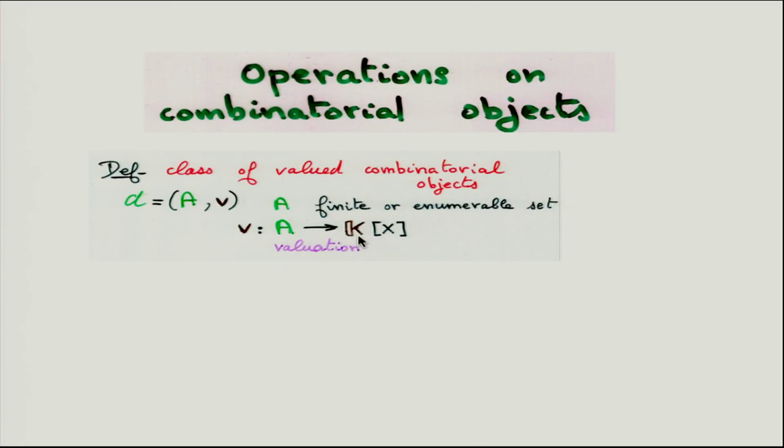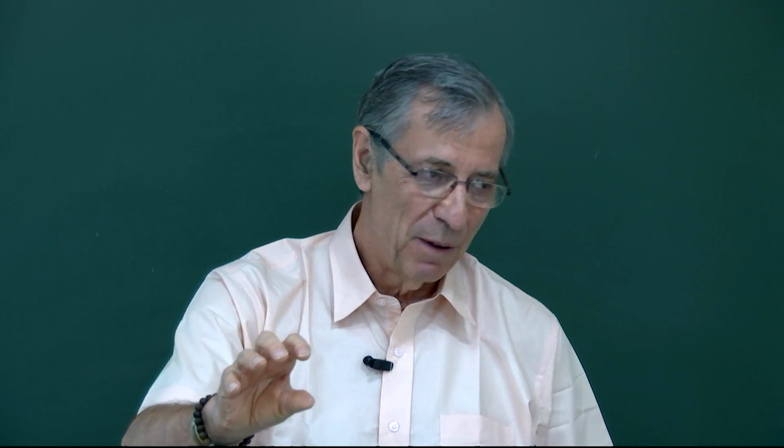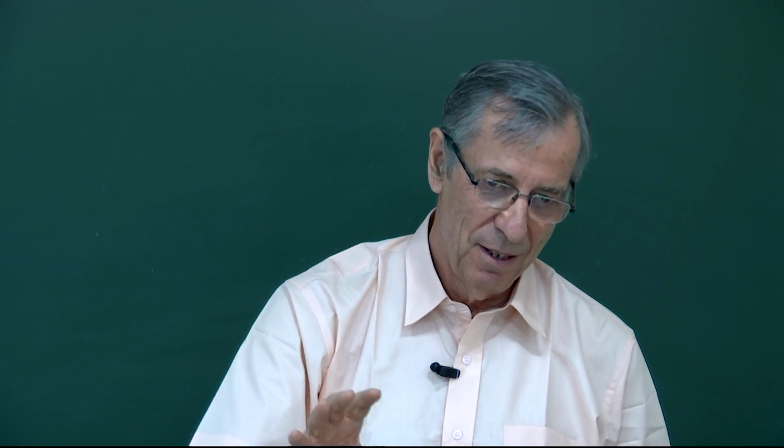Each object is going to be weighted by a certain polynomial. For example, when I want to count objects like partitions with n parts, then the weight will be t to the power n, or q to the power n. Each cell of the row was q to the power i. Each red point was weighted by q. So my Ferrers diagrams were weighted by q to the power the number of cells.